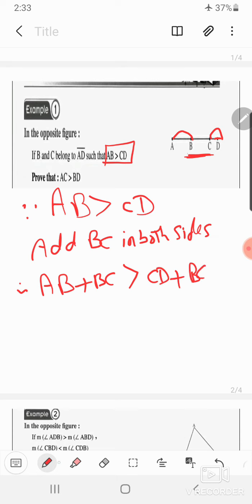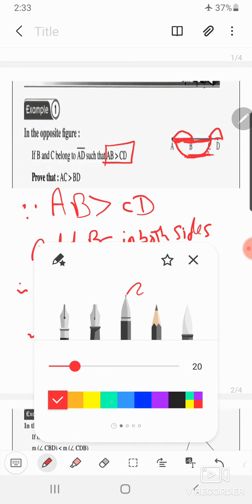Now let's see. Look at this side, AB, and look at BC. Here you have AB plus BC, you can get AC. Therefore, AC is greater than. Now let's look on this side. I will change the color.